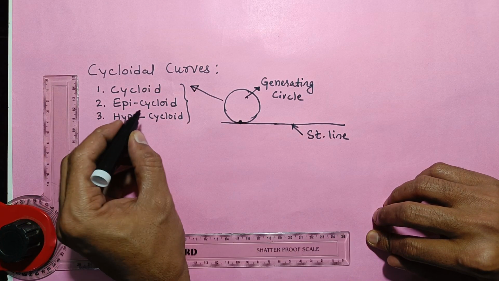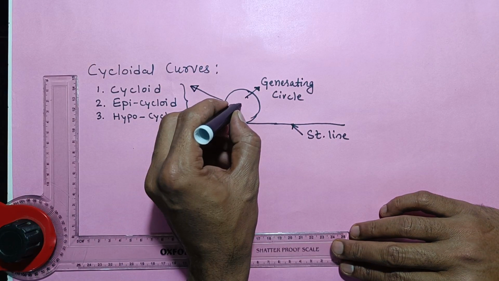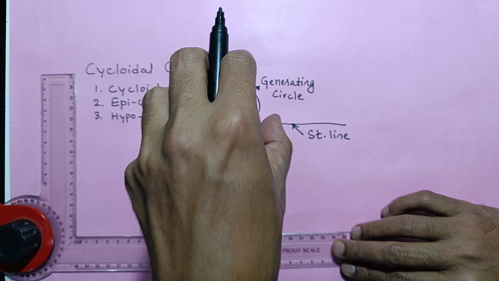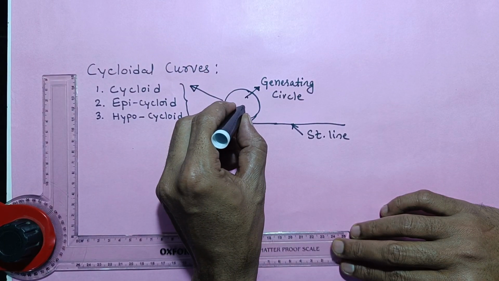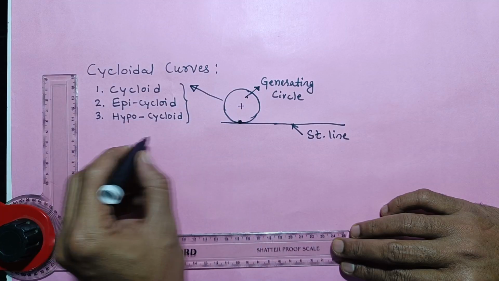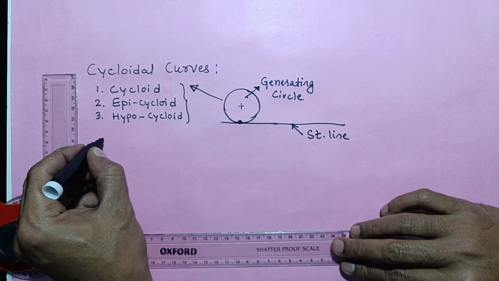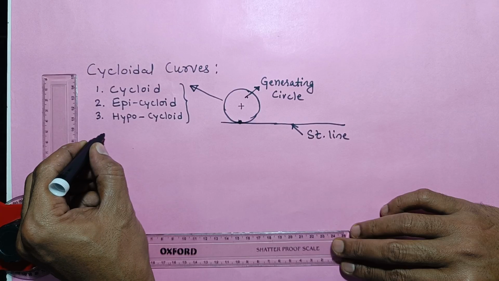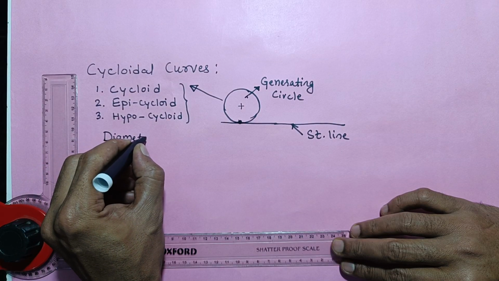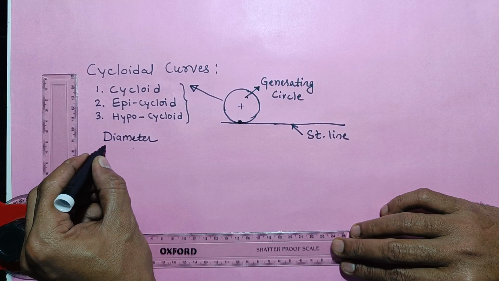Okay, so here for the circle, all the students you have to concentrate more, because many students will make mistakes here. A circle will be mentioned in the question with either diameter or radius.